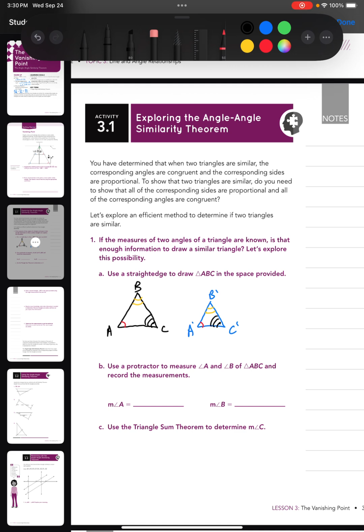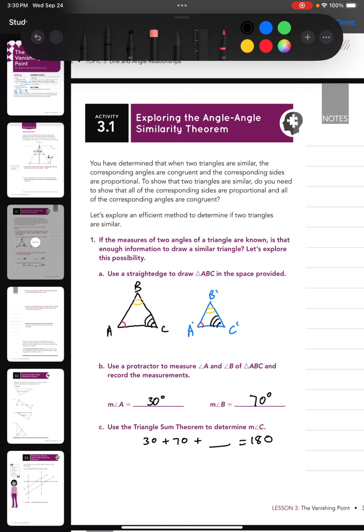So for instance, if I know that, make up some numbers here, the measure of angle A, let's say that is 30 degrees. And let's say I tell you the measure of angle B is, let's say 70 degrees, although it doesn't quite look like 70. We can know that using the triangle sum theorem to measure the angle C. We know that they have to add to equal 180.